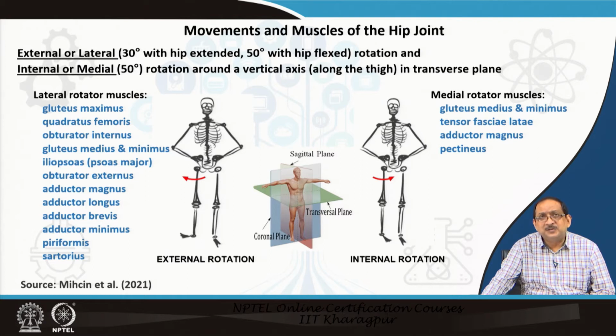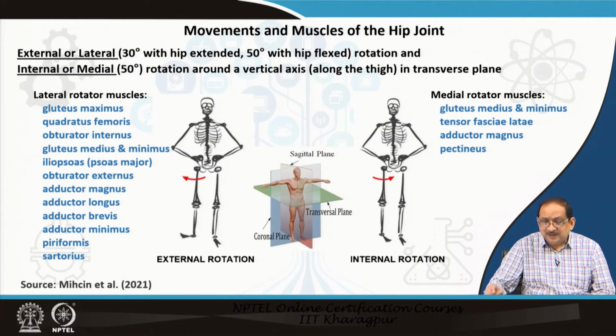The muscles responsible for the lateral or external rotations are listed on the left hand side beside the figure, and about 5 muscles are responsible for internal rotations and these are also listed in this slide.